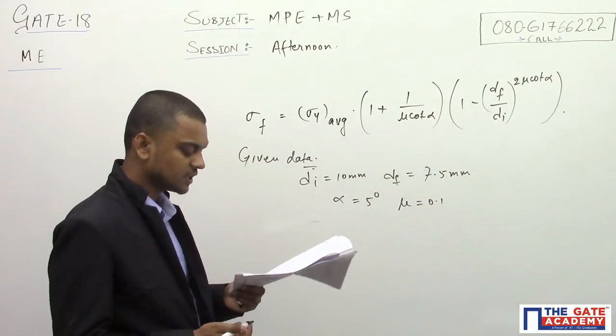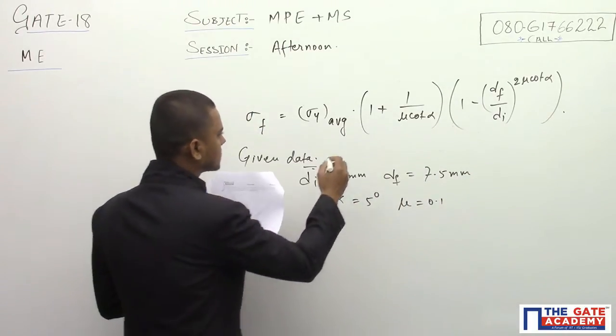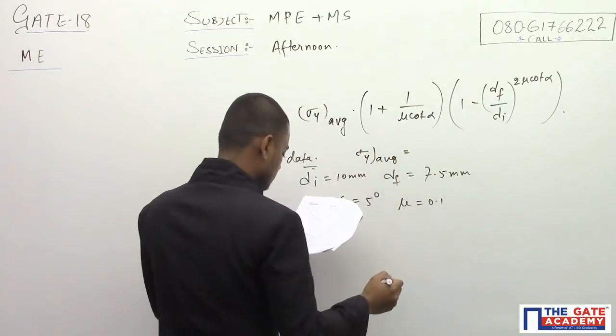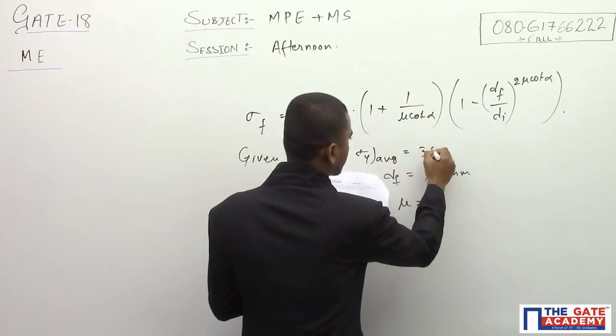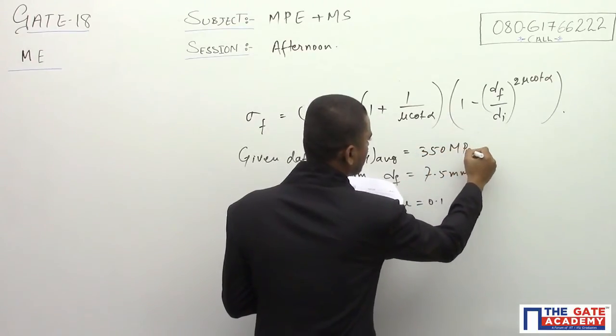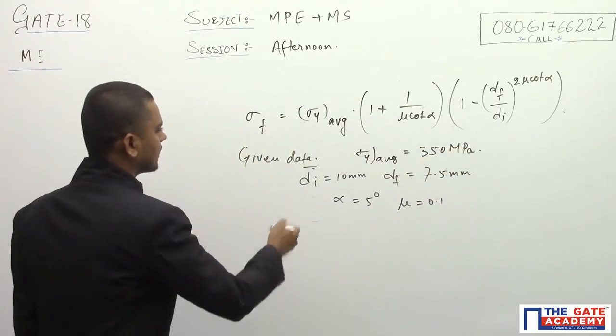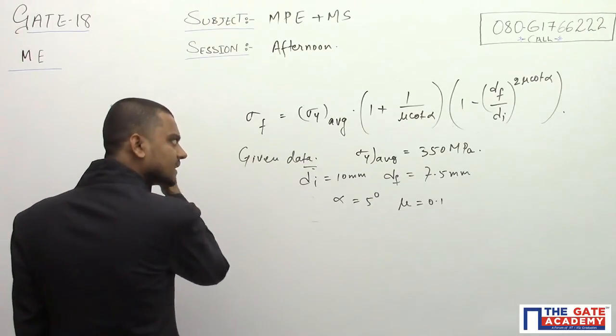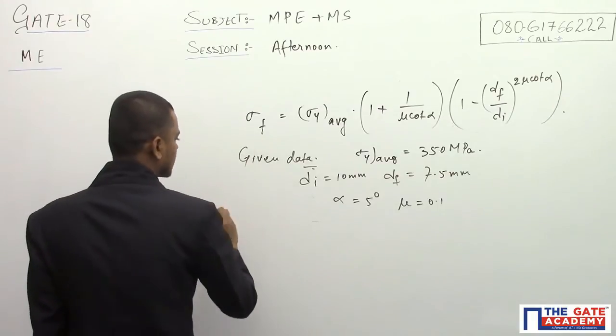You will get the value of the drawing stress. Sigma Y average is equal to 350 MPa. Now put the value of average yield stress, coefficient of friction, die angle and diameters into this equation.